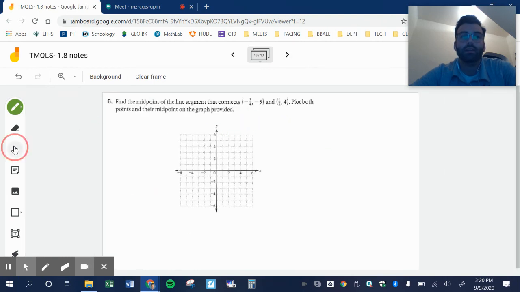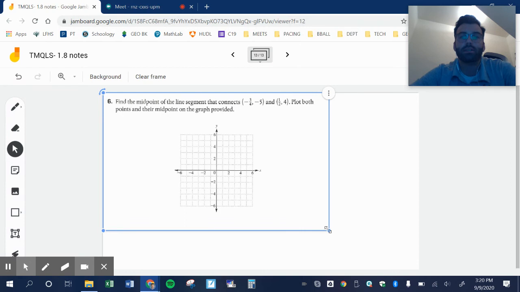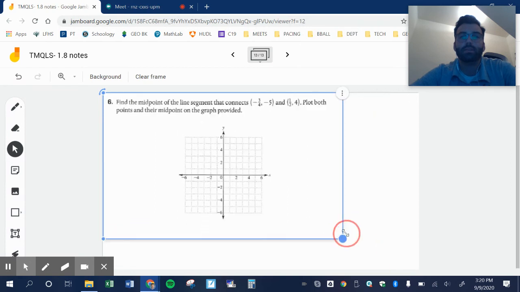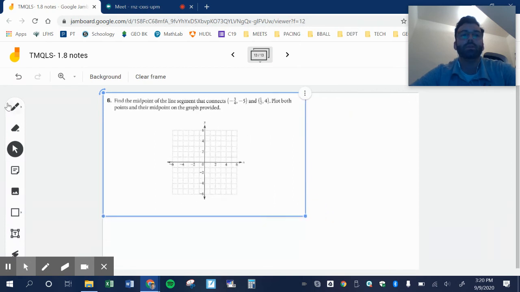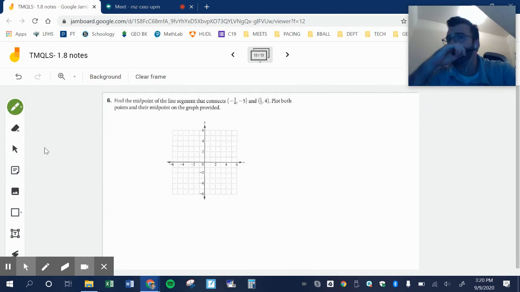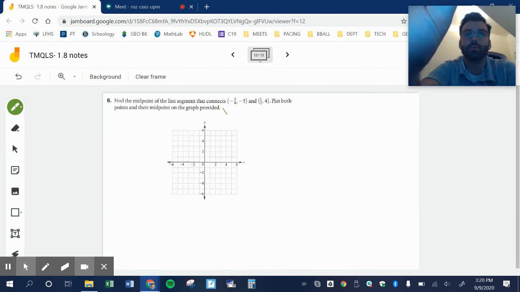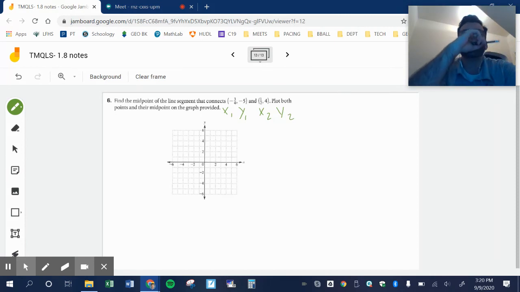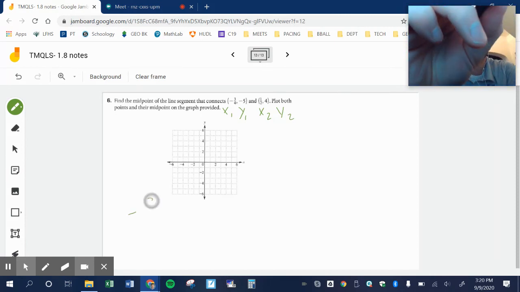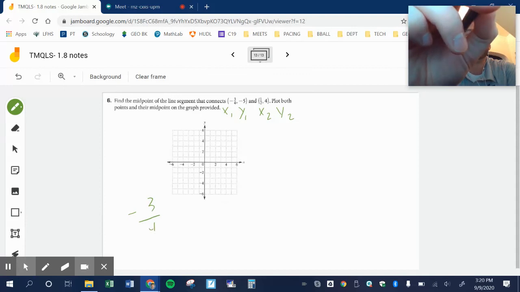Luckily for us, we have a couple fractions in there. All right, because fractions are points too. All right, so I have negative 3 over 4. This is x1. Remember, we label our points x1, y1, and then x2, y2. All right, x1 plus x2, I do negative 3 over 4 plus 1/2.